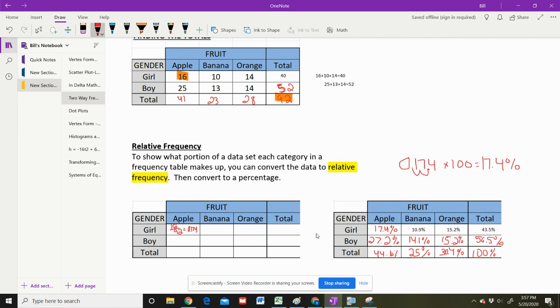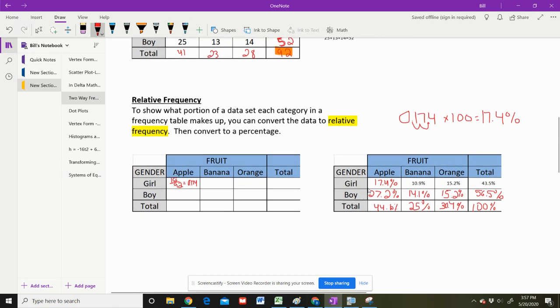For that, I basically just did the part over the whole, right? I took 62 over 92. For this 27, I went 25 divided by 92. And then for this total here, the 44.6%, I took 41 divided by 92. All right, so that's how we figure out what our relative frequencies are. We convert them to a percentage.